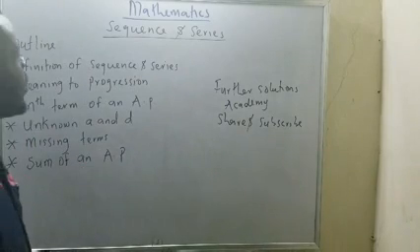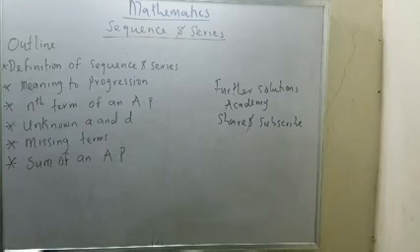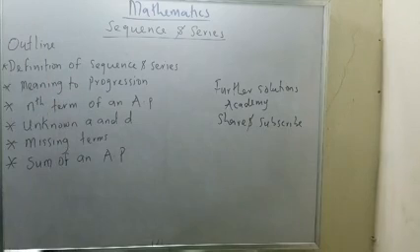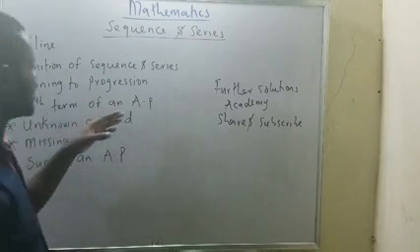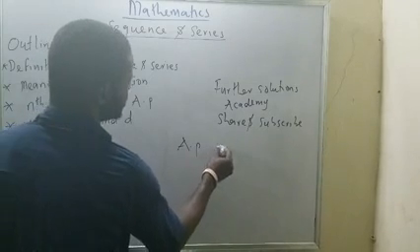In this video, I'll be walking you through sequence and series. The outline of this video: definition of sequence and series, meaning of progression, any term of an AP. AP means arithmetic progression.